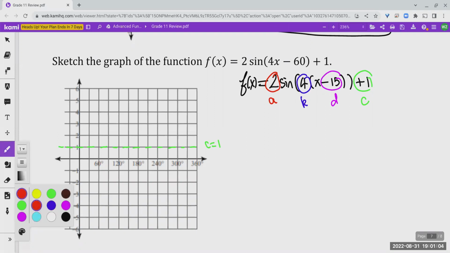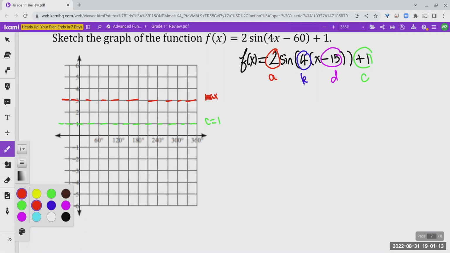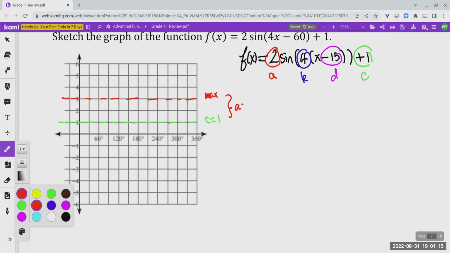So to get to the maximum, you just have to find the horizontal axis plus 2. That's the max. Again, amplitude is 2. The minimum, same story. Because the amplitude is 2, you just go down from the horizontal axis. That's the minimum. Again, A is 2. All right, cool. I found the max and min.